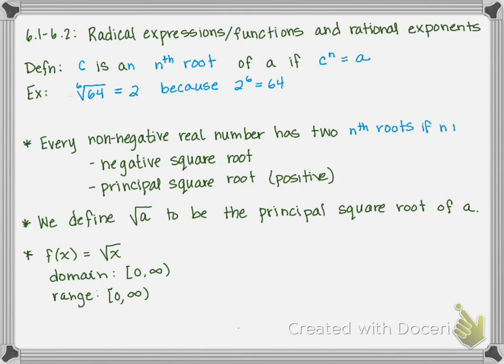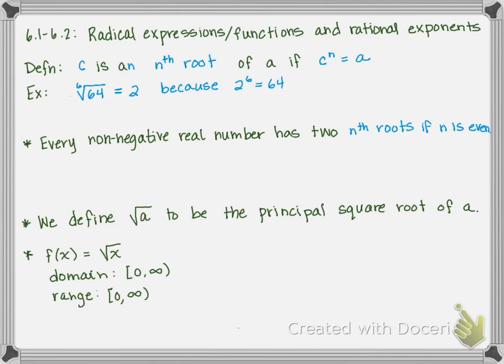if n is even. And we define the nth root of A to be the principal nth root of A. So again, we use that radical symbol to represent just the positive nth root, if n is even, so that we can have a function, and we say f of x is the nth root of x, where n is even.